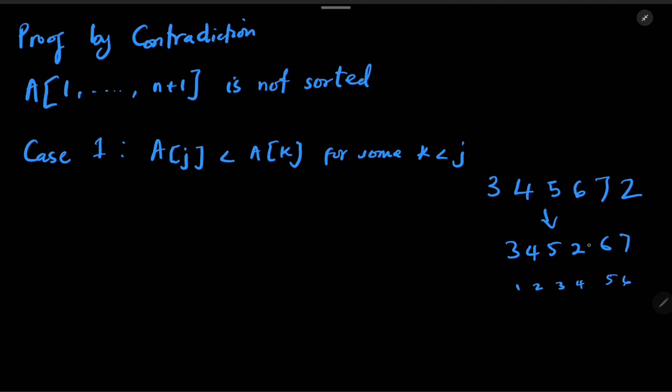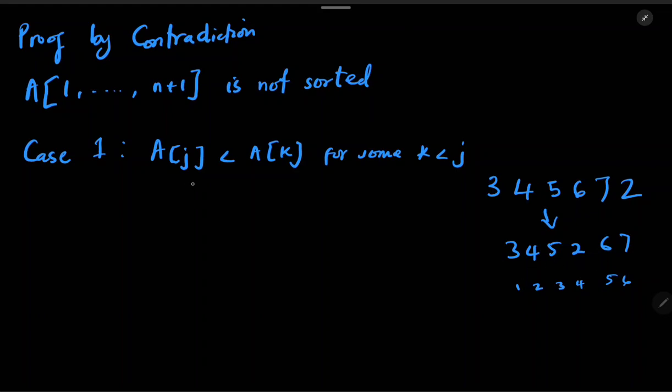So 2 is at position 4. This is case 1. At position 4, where we have 2, the numbers at positions 1, 2, 3, that's 3, 4, 5, are greater than 2.